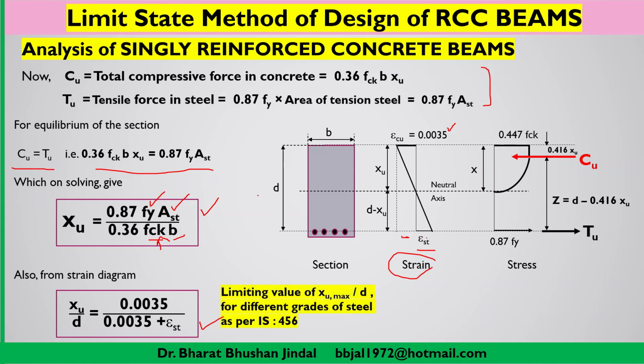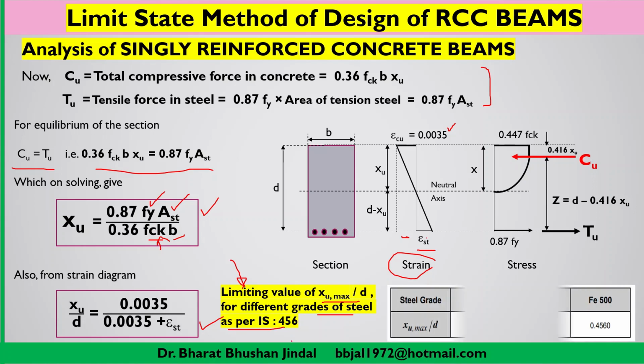Now this is the information based on the sections which are given for the purpose of analysis. Another very important aspect is you have to check the limiting value of xu by d, xu max by d. That limiting value for different grades of steel is given in IS 456, and it is based on the grade of steel.